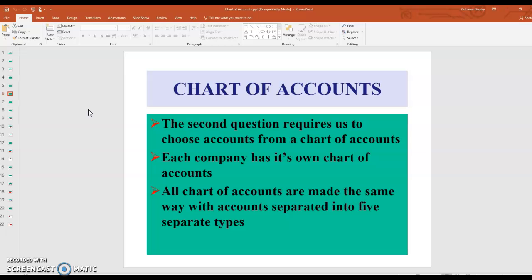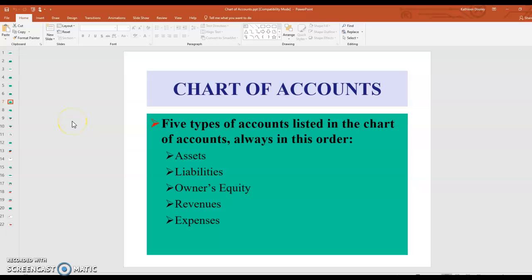The accounts are separated into 5 separate types, always listed in the same order on the chart of accounts. First are always listed the assets, then the liabilities, then the owner's equity, then the revenues, then the expenses.